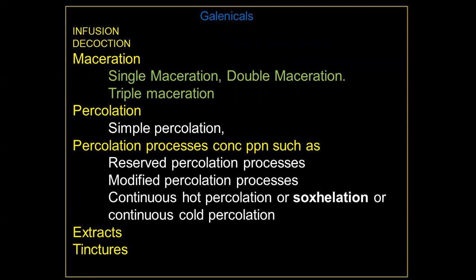To make the preparation more concentrated, two or three techniques were adopted: the reserved percolation process, the modified percolation process, continuous hot percolation or extraction, and continuous cold percolation, and also the various types of extracts and tinctures made by Galen's preparations.